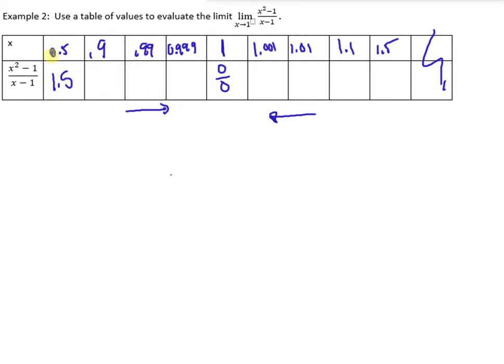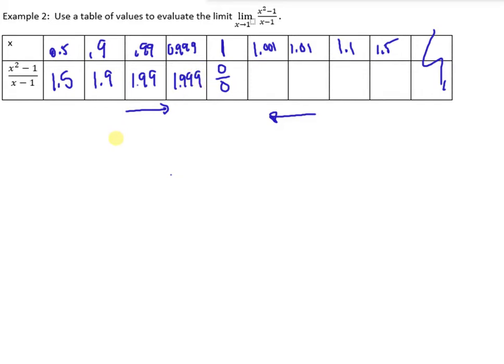Let's fill in this chart. 0.9 squared minus 1 divided by 0.9 minus 1, I get 1.9. 0.99 squared minus 1 divided by 0.99 minus 1, I get 1.99. 0.999 squared minus 1 divided by 0.999 minus 1, I get 1.999.